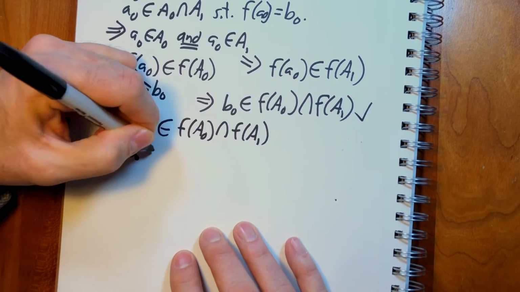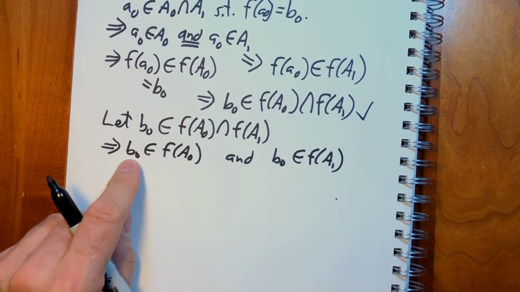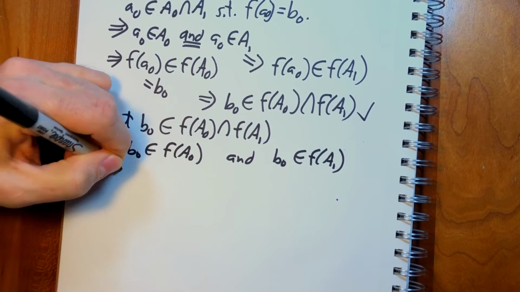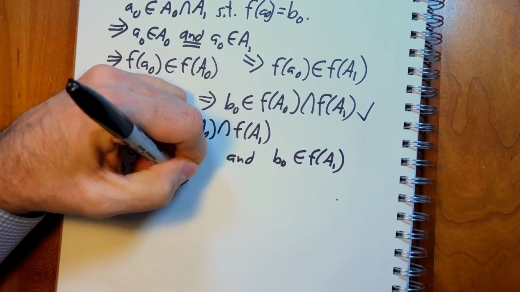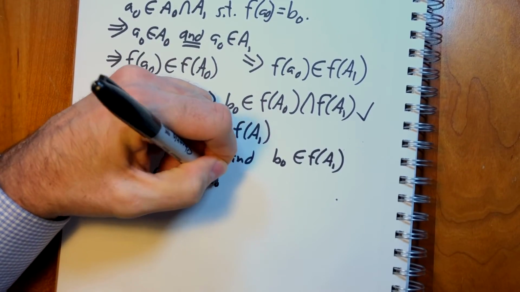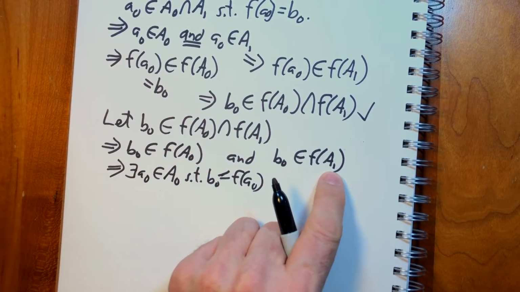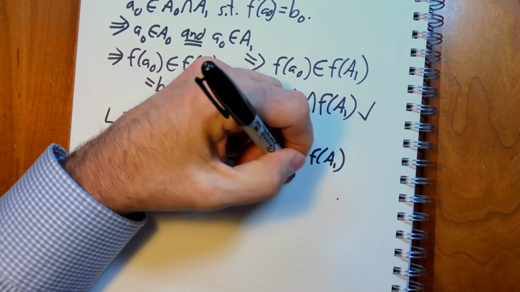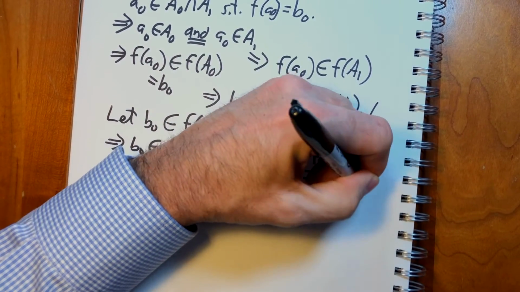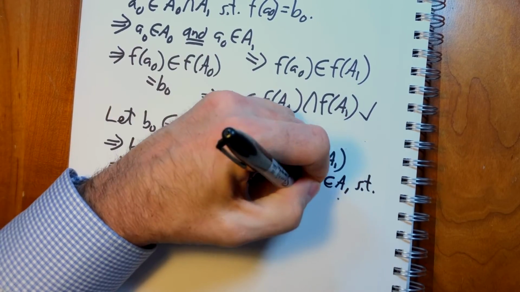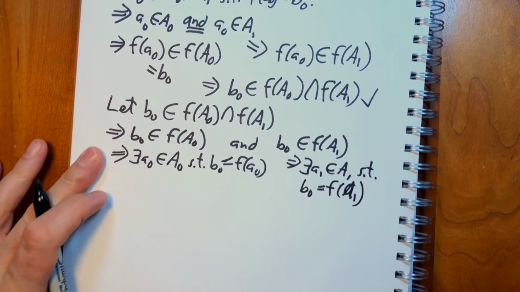That implies that it's an element of both. So b0 inside the image of A0 implies that there exists an a0 inside A0 such that b0 equals f of a0. And b0 inside the image of A1 means that there exists an a1 inside A1 such that b0 equals f of a1. Okay?